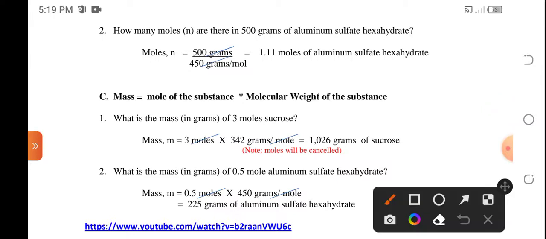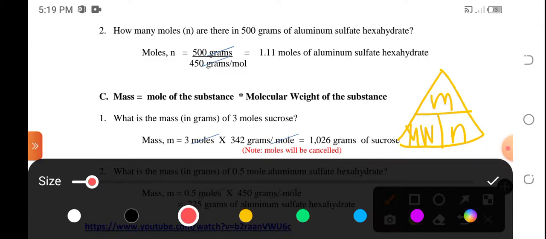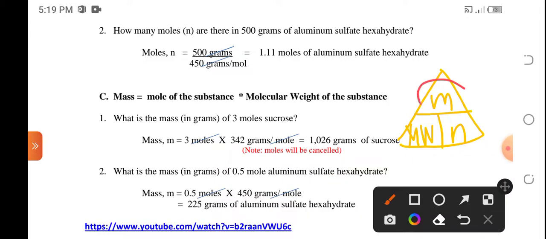So, balikan natin yung triangle natin kanina. Mass sa taas, baba ay molecular weight and moles. Okay? So, if we are looking for mass this time, mass is equal to molecular weight, magkatabi sila, so therefore times. Molecular weight times the number of moles, or moles times molecular weight.